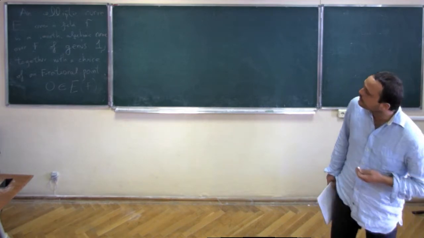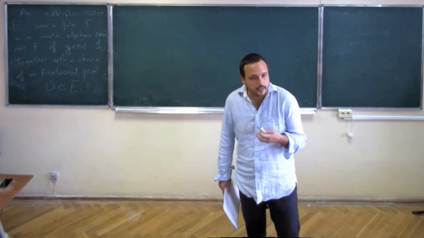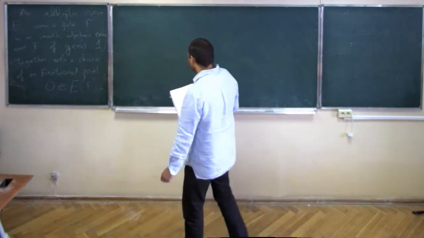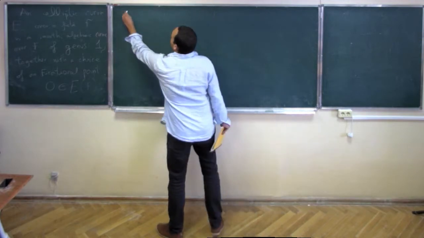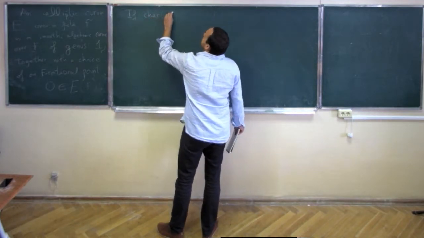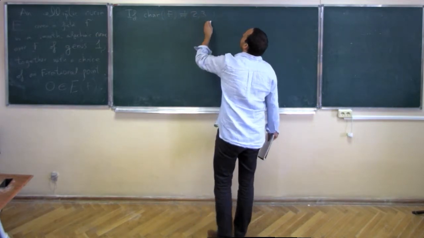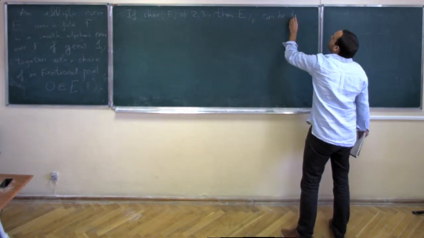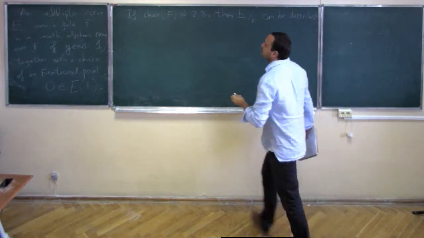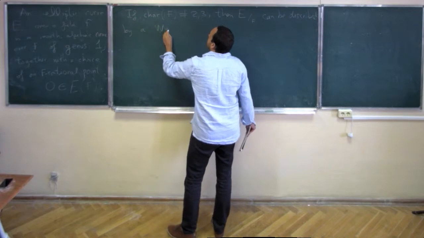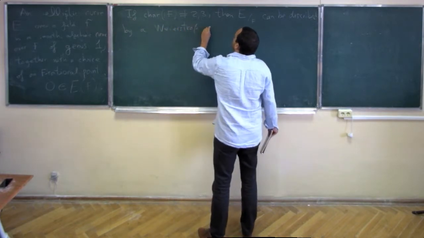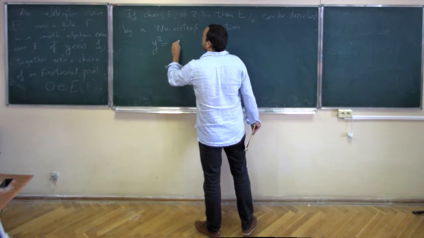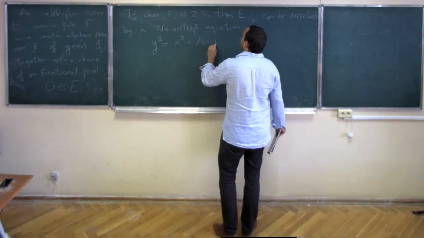So we are talking about genus 1 curves over a given field F, for which the set of F-rational points is not empty, in which case we just choose one and call it O. And in very down-to-earth terms, if the characteristic of the field is different from 2 and 3, then this curve can be described by what people call a Weierstrass equation, which is of the form y^2 = x^3 + ax + b.